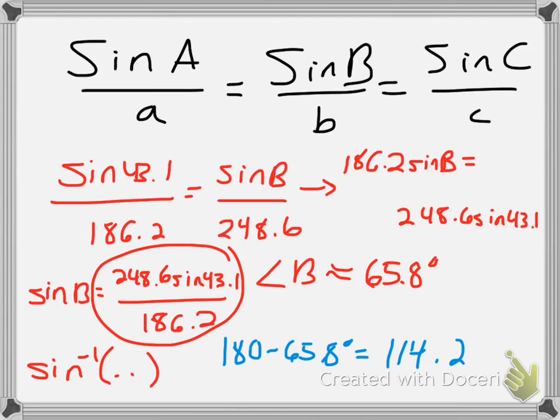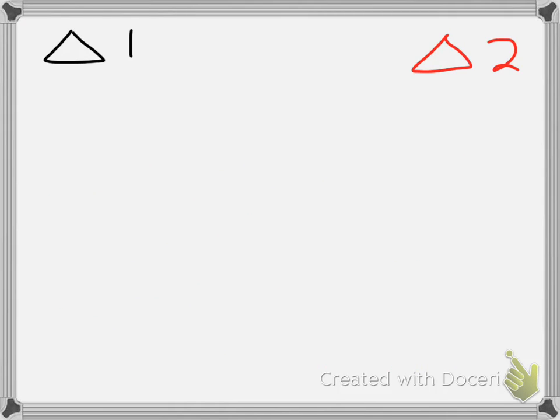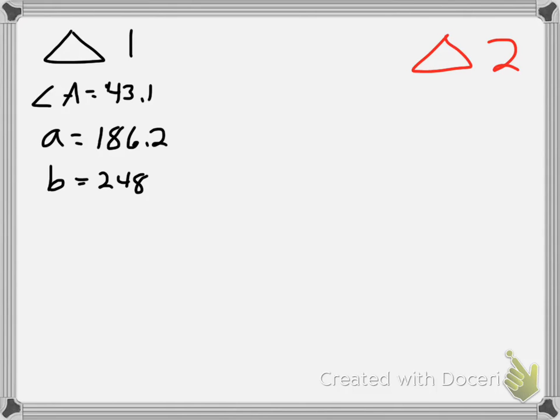So let me set up what I have. For the first possible triangle, I said that angle A is 43.1, side A is 186.2, and I said side B is 248.6.